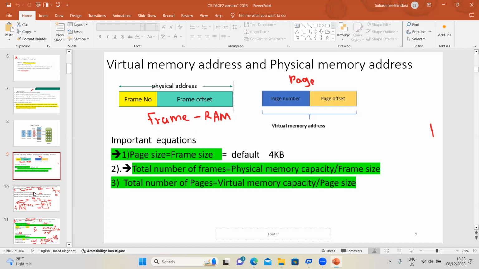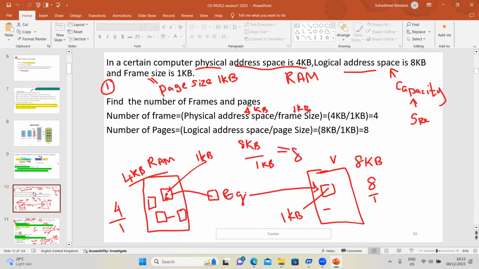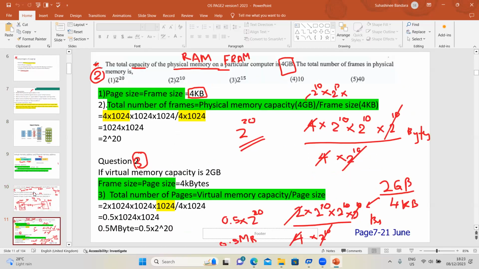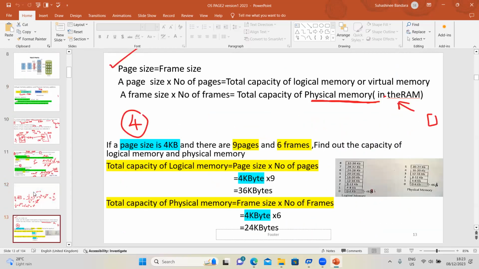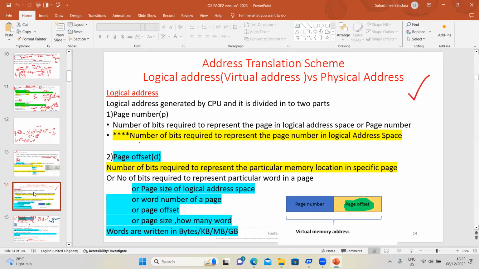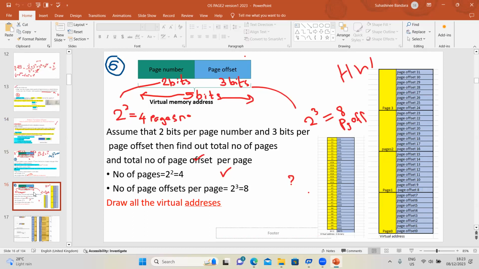Then frame offset is equal to page offset. We did these calculations last week.